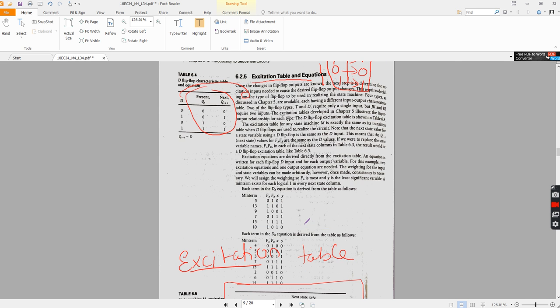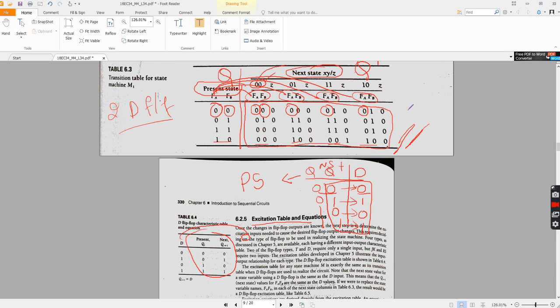What I am trying to say here is that this entire region is coming under Q plus, this entire thing is Q plus only. And for the D flip flop, only for the D flip flop, the constraint is that the input D is always equal to Q plus.